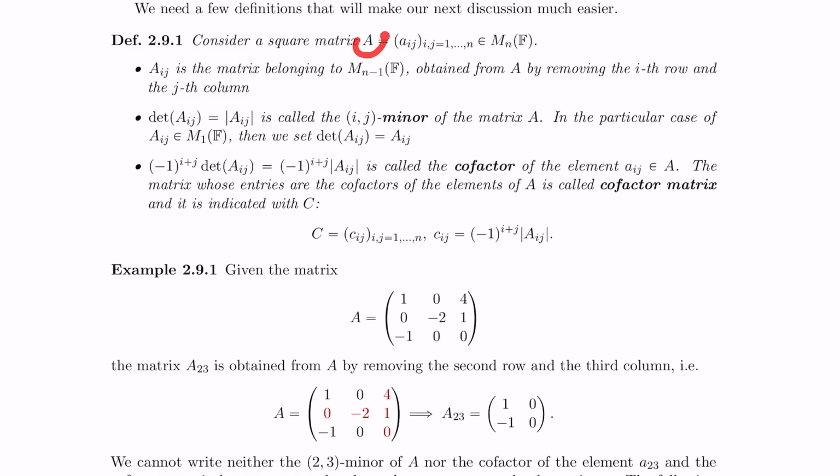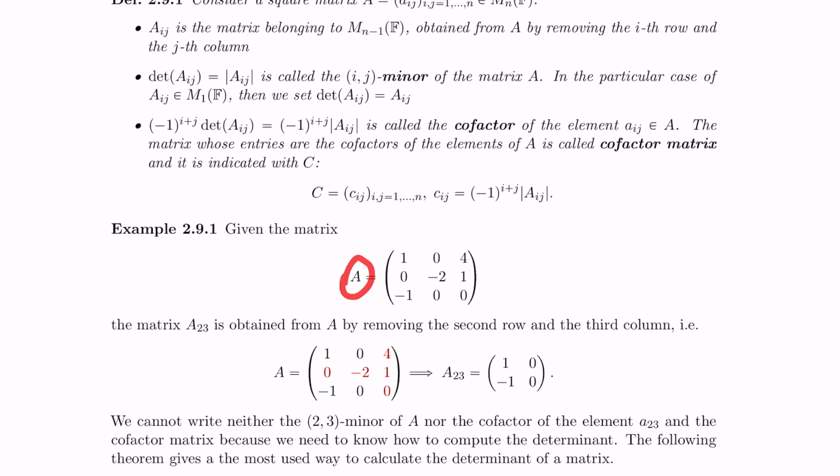Consider a square matrix A of order n. We write with Aij the square matrix of order n minus 1 obtained from A by removing the ith row and the jth column. Let's consider immediately an example.